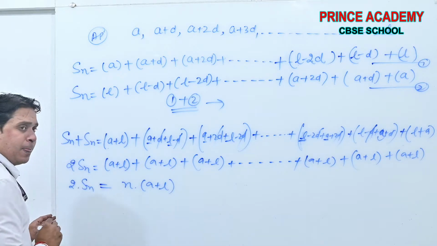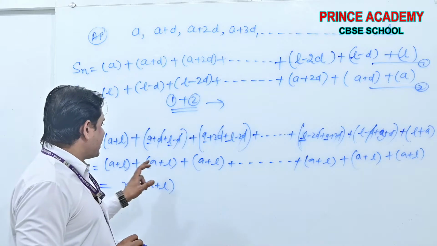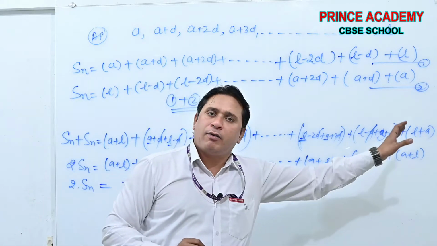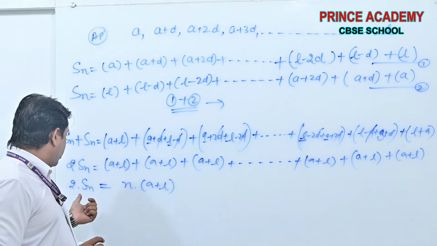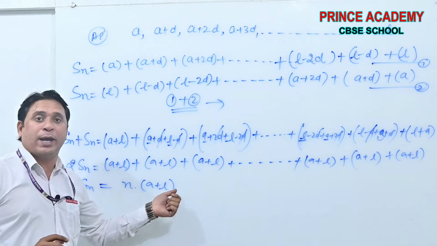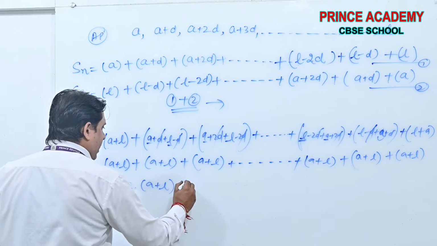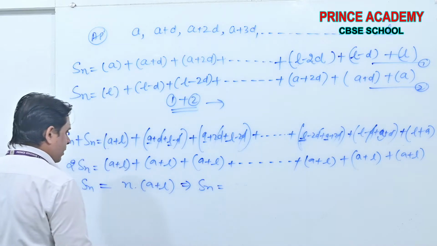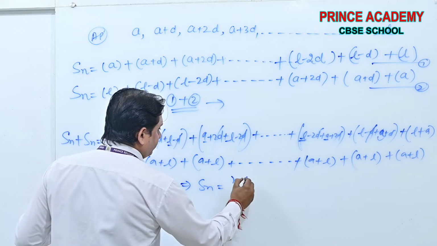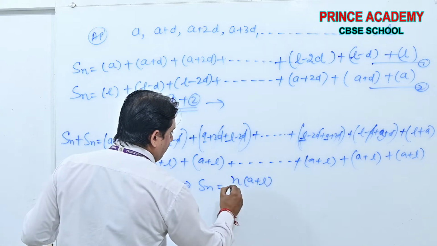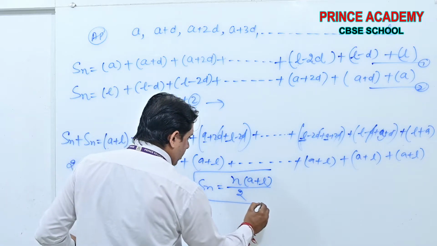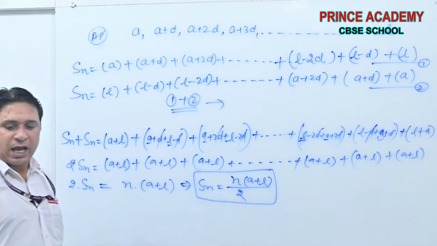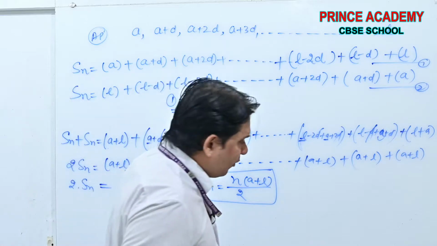Done beta? Therefore, 2Sn is equal to n into A plus L. From here, Sn became n into A plus L by 2. This is the formula for the sum of n terms.